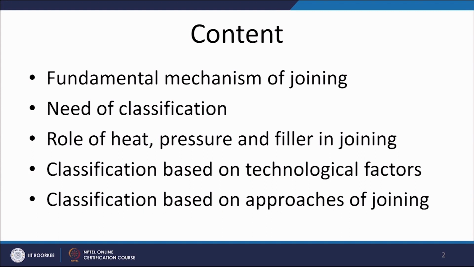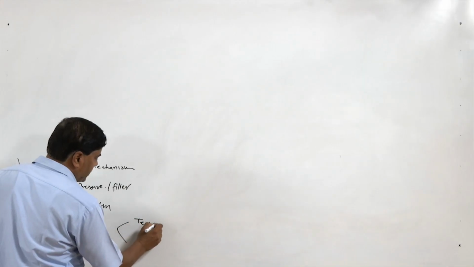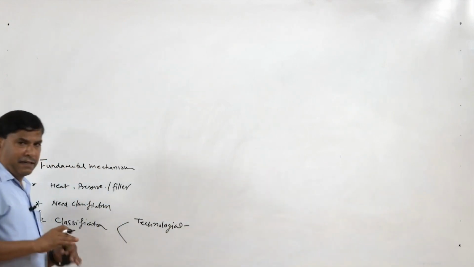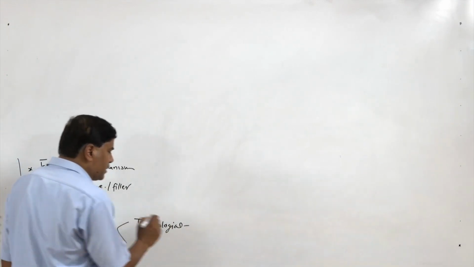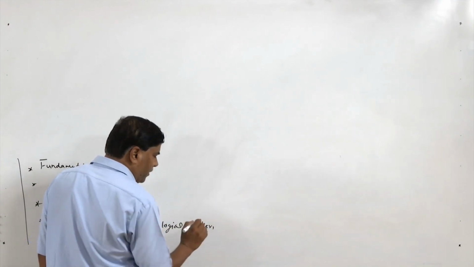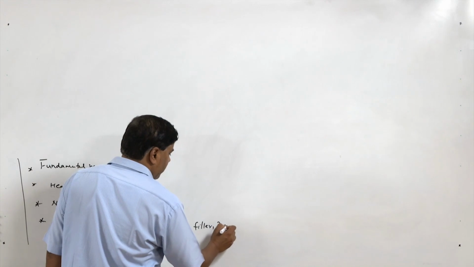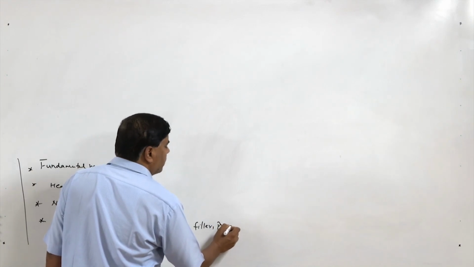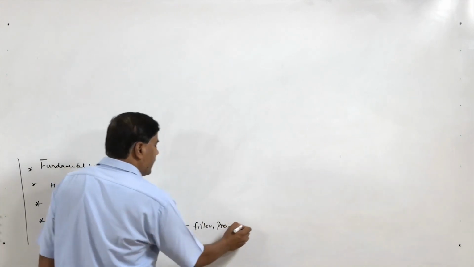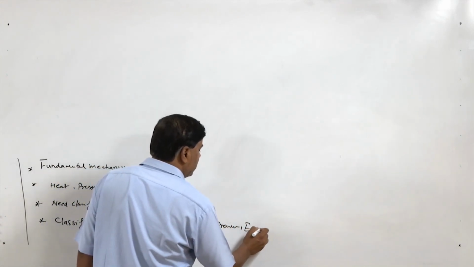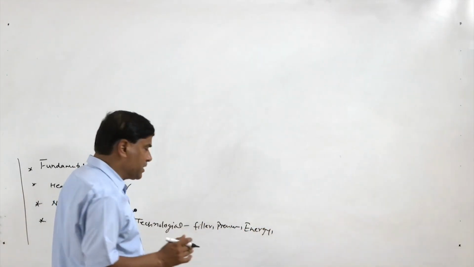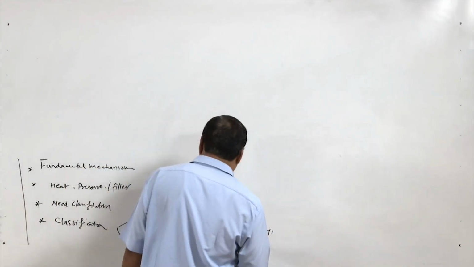One is the technological factors, which are the technical aspects used in the joining processes, like whether the filler is used or not, whether the pressure is used or not, the kind of energy, the source of the energy for the welding purpose.